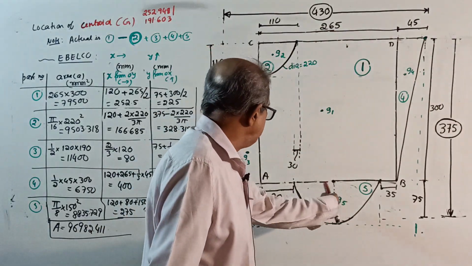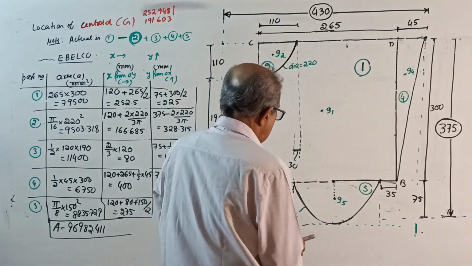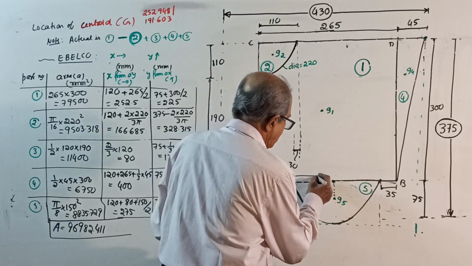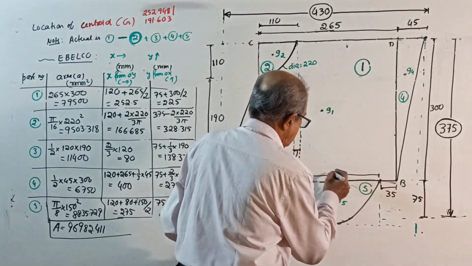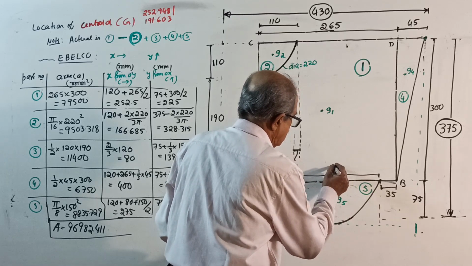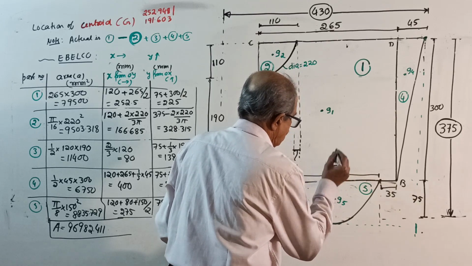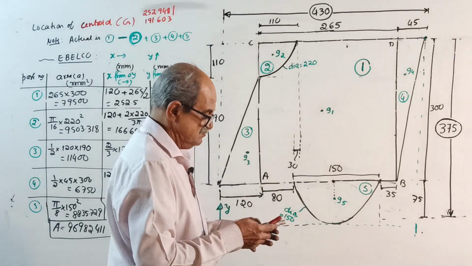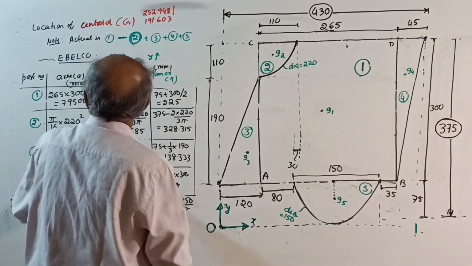I slightly shifted it, but further I can't do it. And this diameter I have tried somewhere. See, this is 150, I write here. Hope it is not disturbing later. Diameter 150 inside. Actually, 30 is not required. Okay, we'll see later.